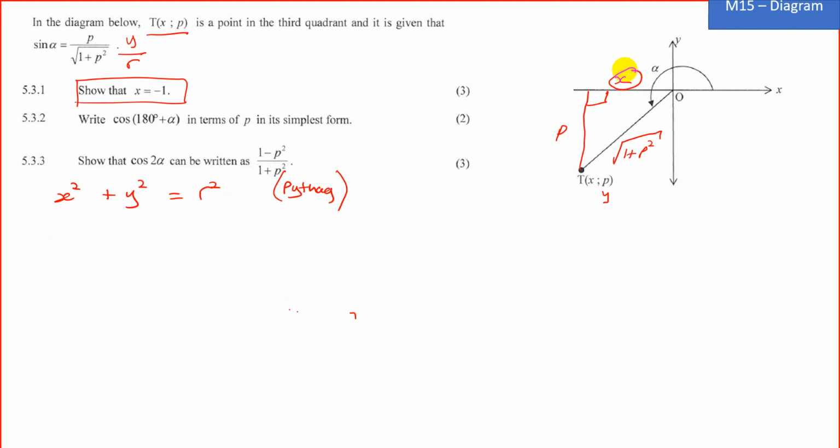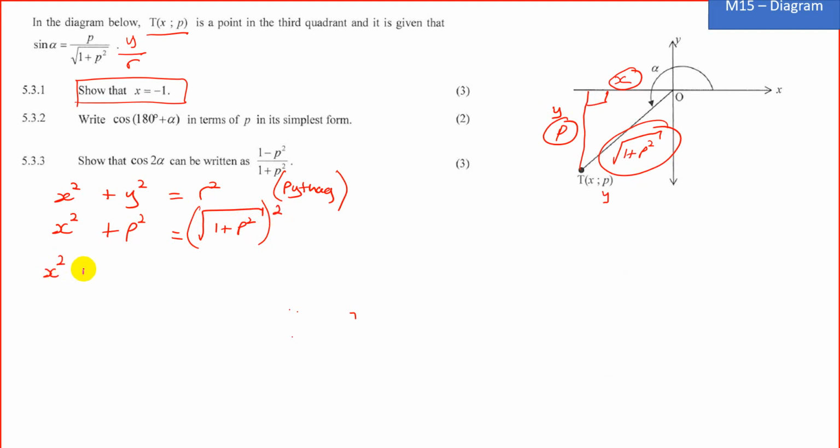So we now have your x to stay as x. Your y value, if we look at our diagram, is p. So that will become p squared, which is actually equal to r squared. And if we look at the diagram, our r value is the root of 1 plus p squared, and we're going to square that. So we've just done a substitution.